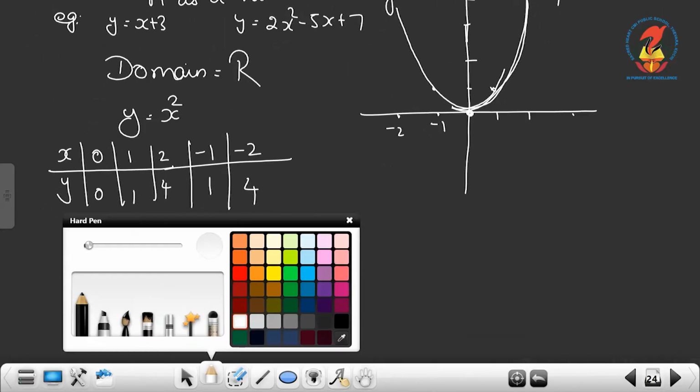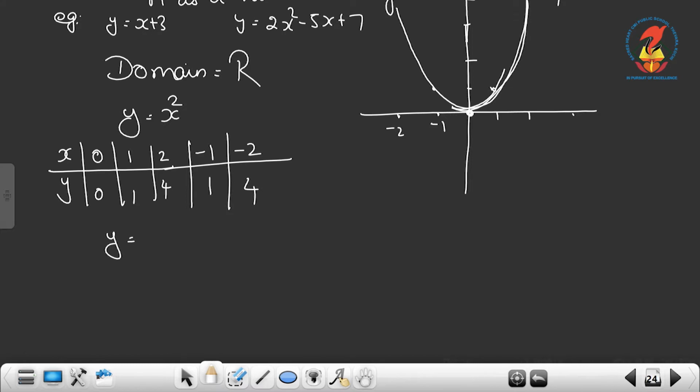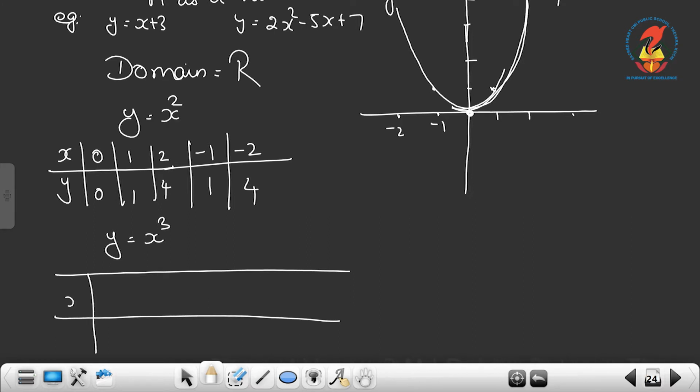Then similarly y is equal to x cube. We can draw the graph of y is equal to x cube, x comma y. When x is 0, y is 0, on the positive side 3, 27, on the negative side negative 2, negative 8.